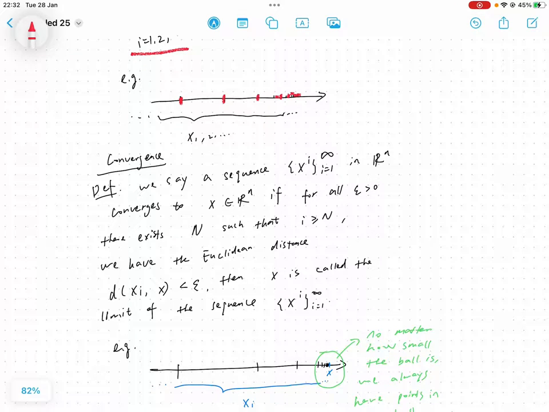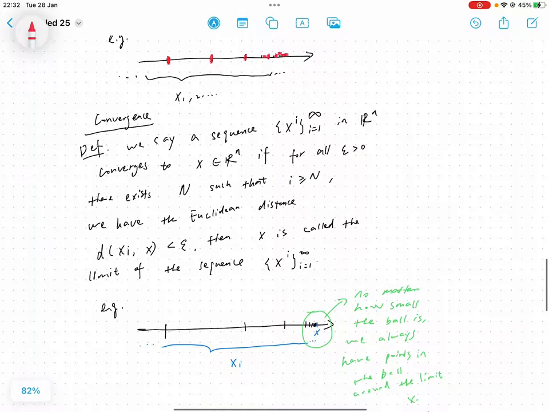This is a definition based on the sequence. We say that a sequence x_i from 1 to infinity in Rn converges to this x. This x is a point, and we're going to call it the limit.